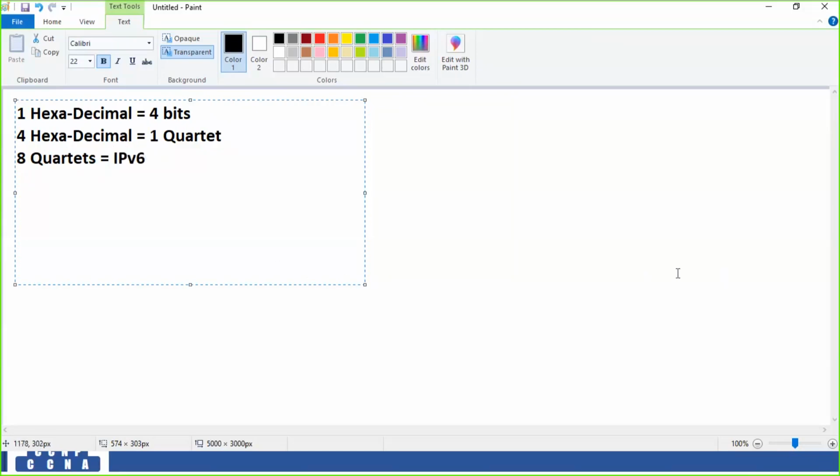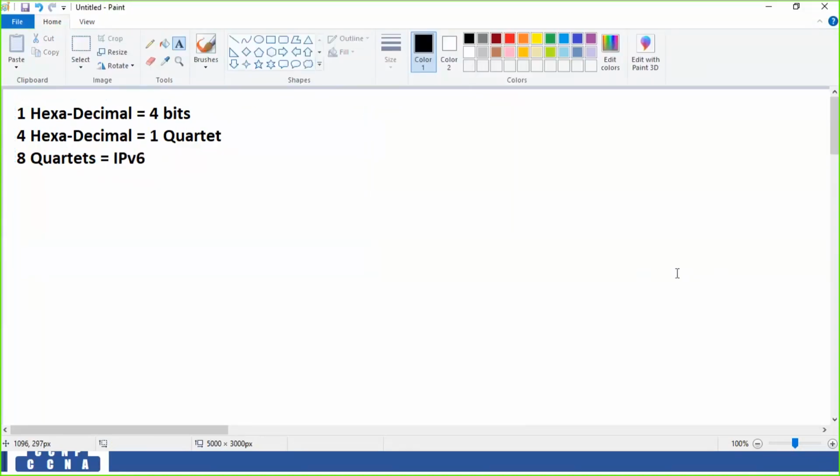Let me explain the first statement. Point number 1: one hexadecimal digit is equal to 4 bits.